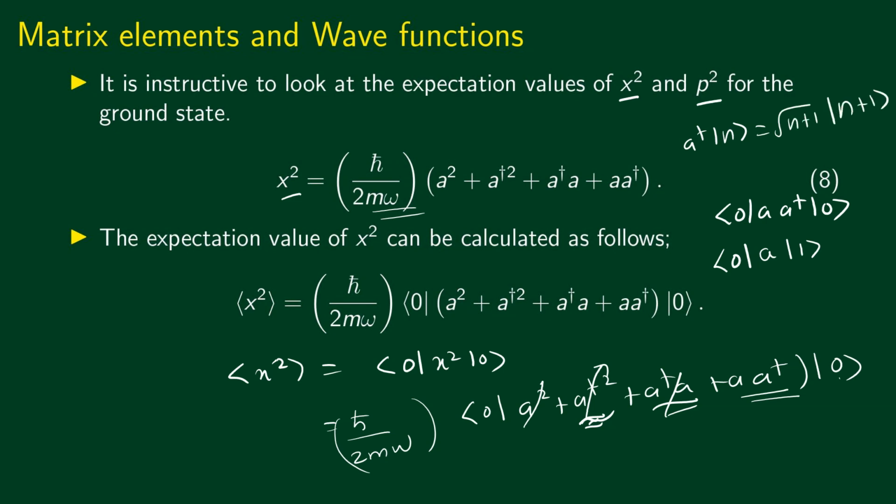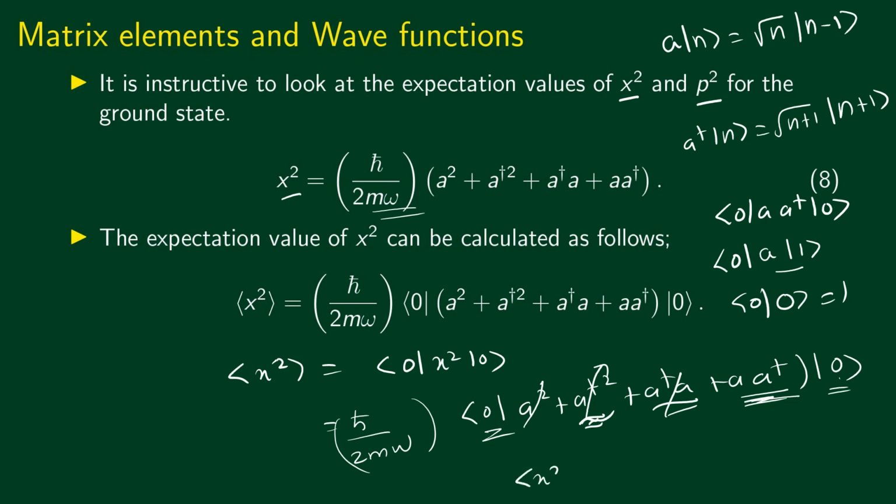Now we have bra 0, A, ket 1, but A acting on ket n is equal to the square root of n ket n minus 1. So this simply gives bra 0 ket 0, which is 1, because these are the orthonormal eigenkets of the Hamiltonian operator.